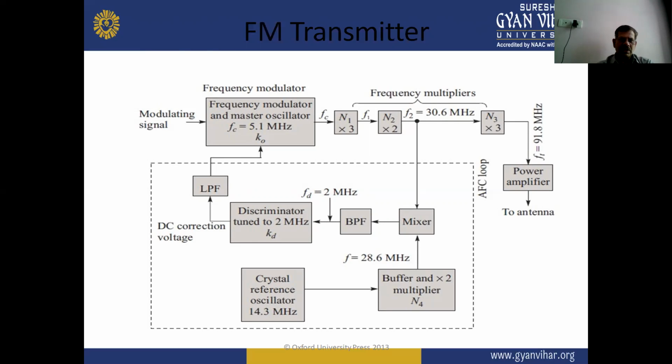Here the modulating signal is applied to the frequency modulator, and the output of this frequency modulator FC is multiplied by the frequency multipliers N1 and N2, and the output of the frequency multiplier is F equal to 30.6 megahertz.